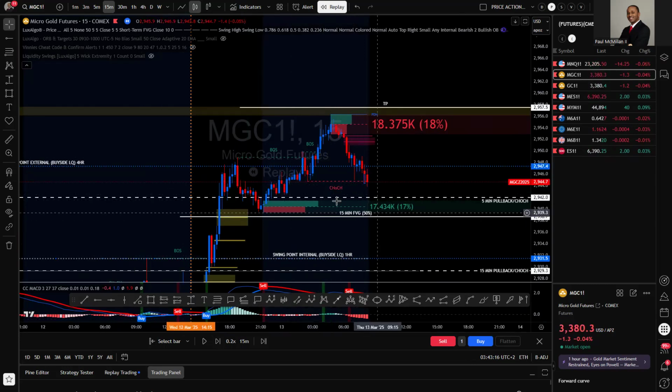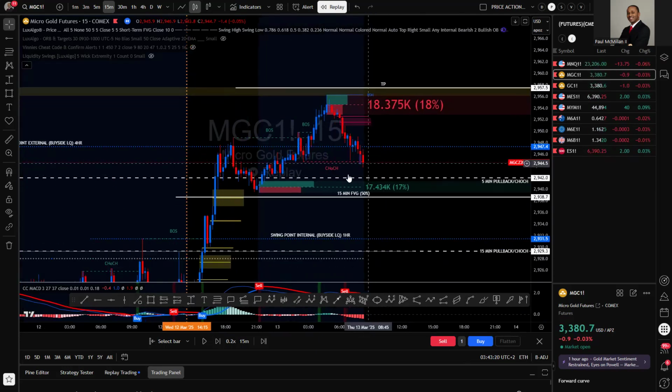If not, then the bears might be in control. And if the bears are in control, there's a possibility that they can come all the way down to this fair value gap and then turn it around, because there's liquidity resting up there, but they still need to rebalance. We haven't raided this area yet. So they might come down and raid this area or come down further and push up.